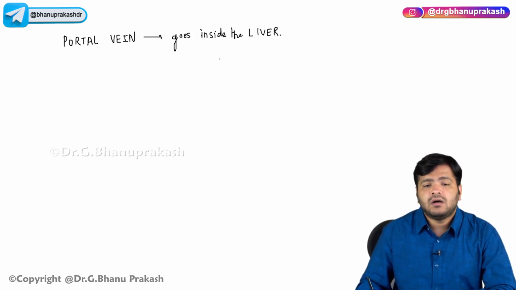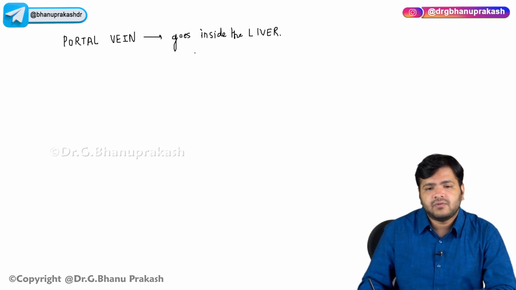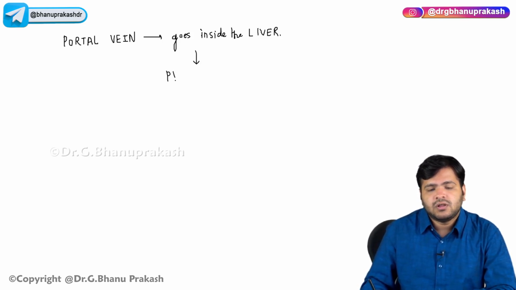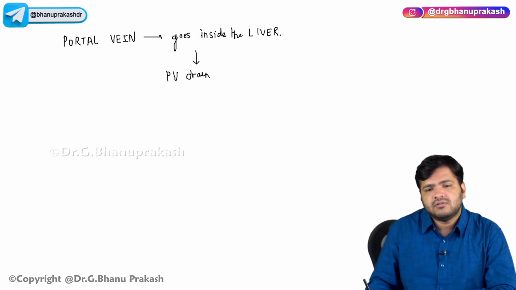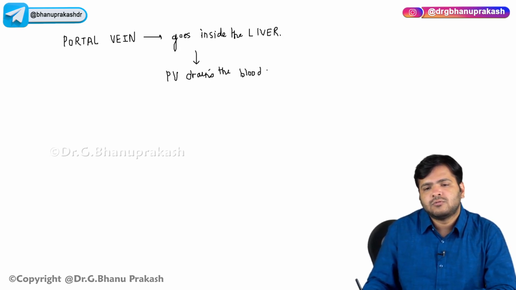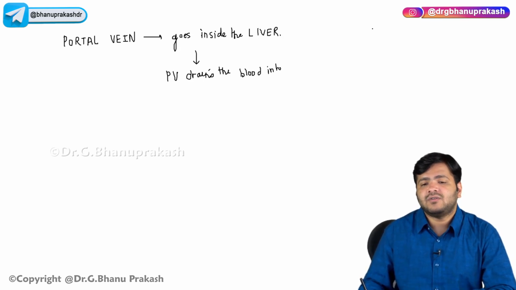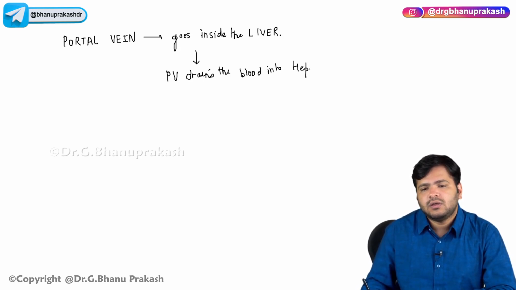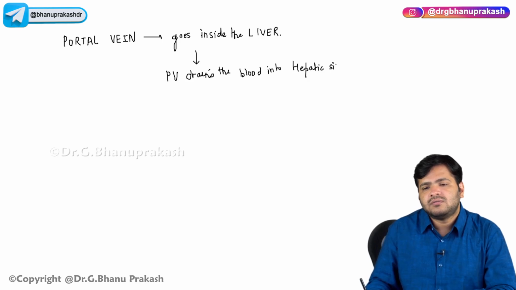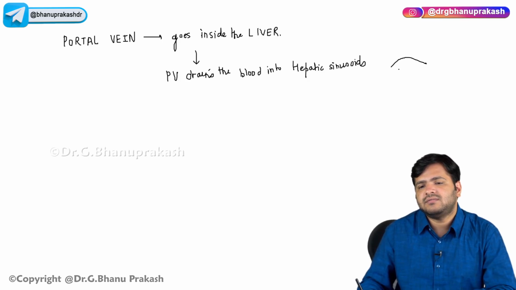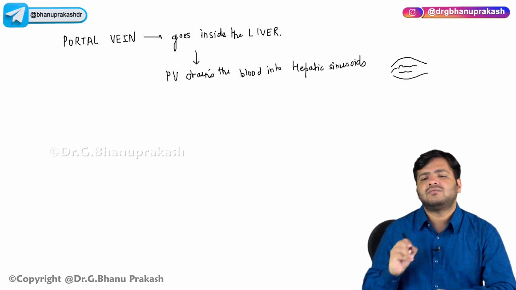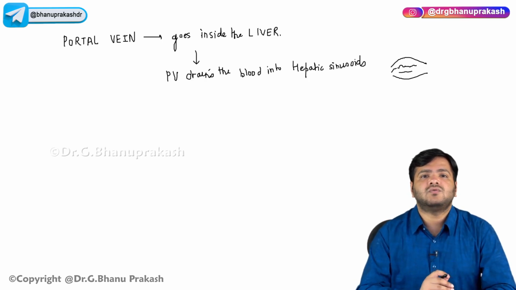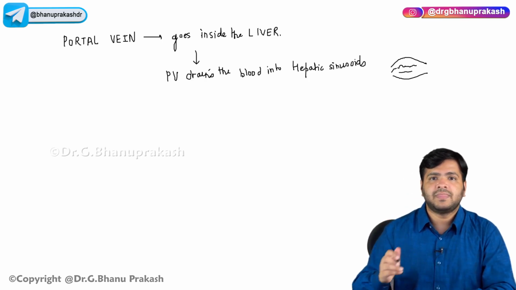You know, the portal vein drains the blood into hepatic sinusoids, okay, and you already know that these sinusoids are capillary-like structures. So yes, they drain the blood into these hepatic sinusoids.